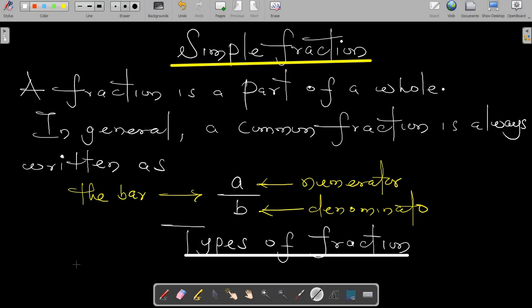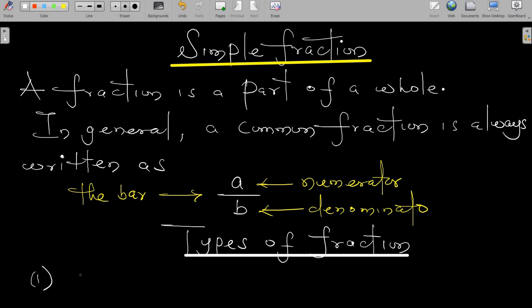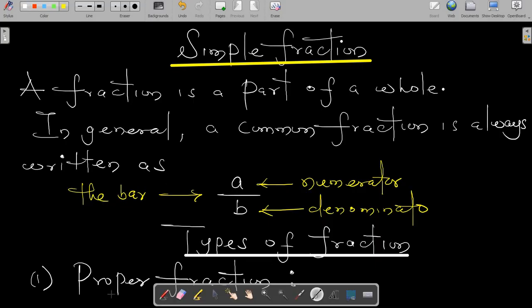So the first one we call a proper fraction. Let me write it. So what is actually a proper fraction?